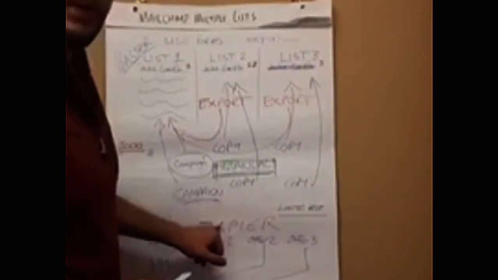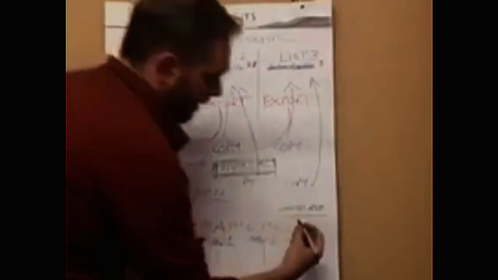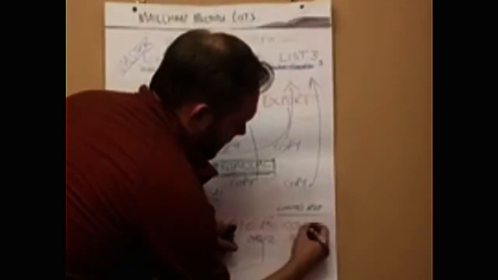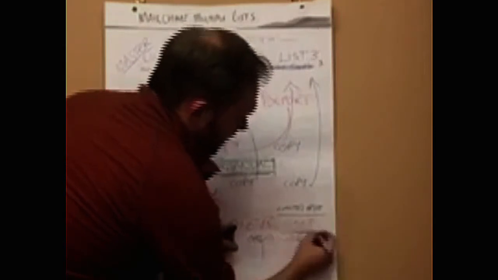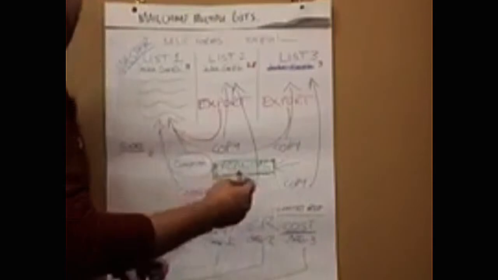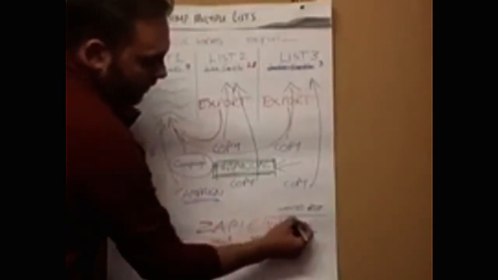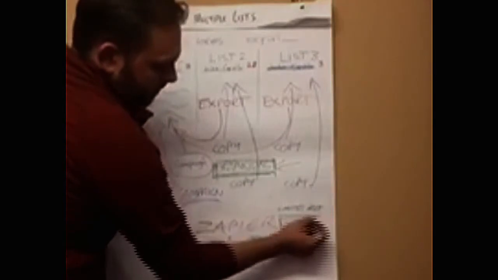So if you do decide to pay for Zapier, then you're adding a cost to your system as well. You might be eliminating the manual side of it by using multiple lists, but what you're doing is adding a cost to your process as well.